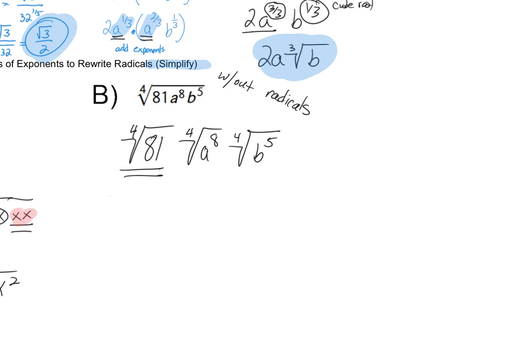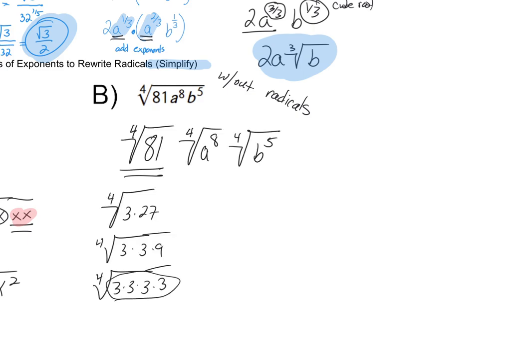Not sure, but I think 81 is 3 times 27. 27 is 3 times 9. 9 is 3 times 3. That leaves me with a group of 4 3s. Because I'm doing the 4th root, that part of my answer is going to be just 3.